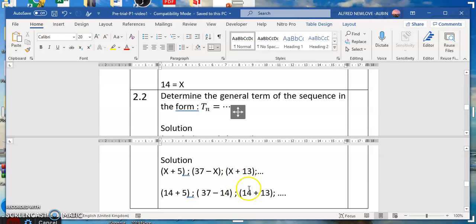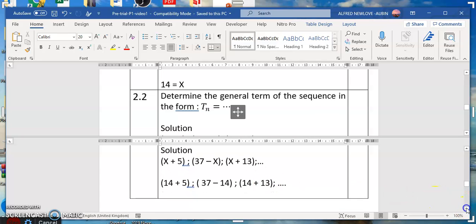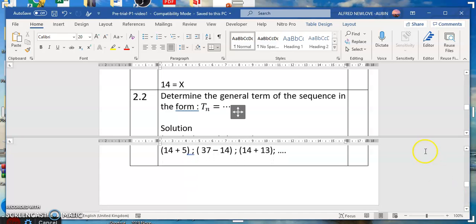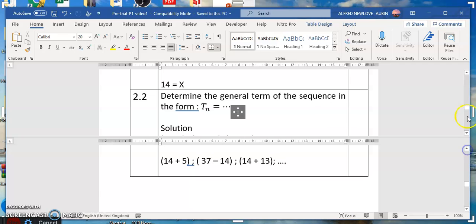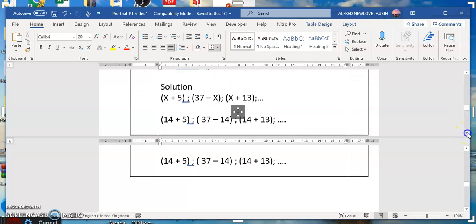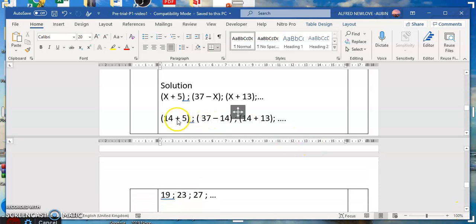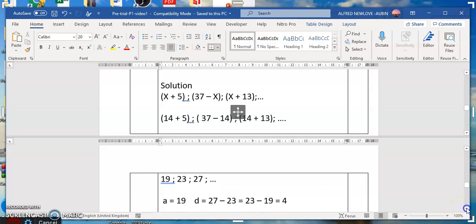Then here x is also 14. You substitute 14 here plus 13. Then we are going to add. So if I add 14 and 5, I'm going to get what? 19. Then 37 minus 14, 23. 14 plus 13, 27. Then our a is 19.